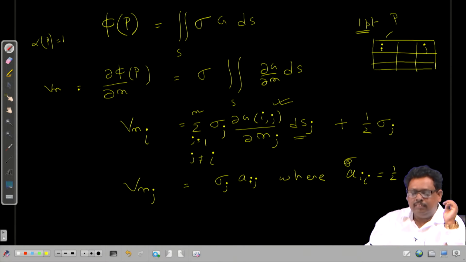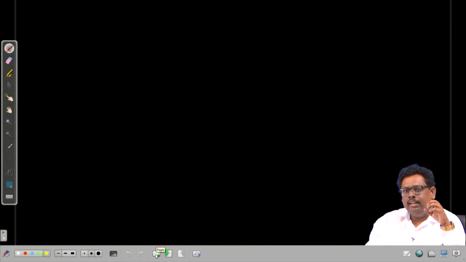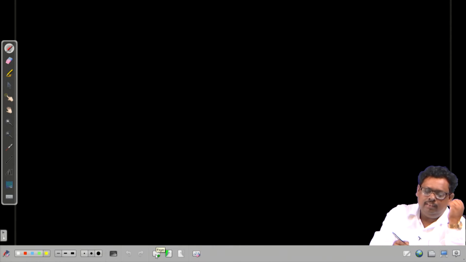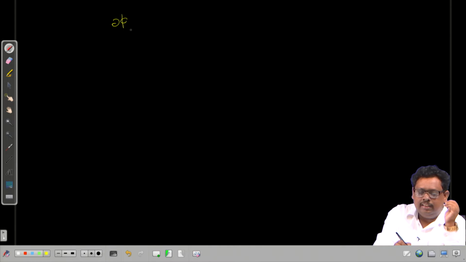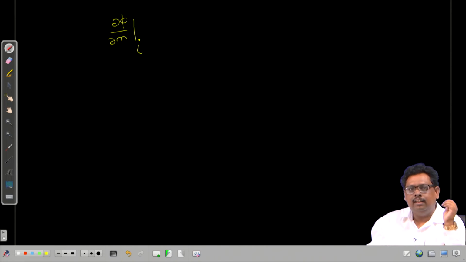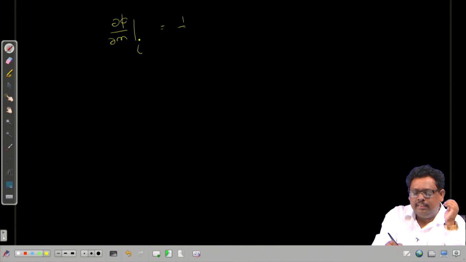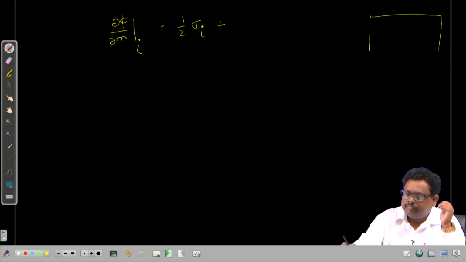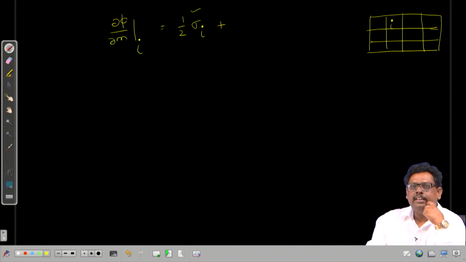But now, this is not the one point Gauss quadrature rule. So, now here we are not doing it this way. If you remember, on the left hand side, let us start from here, it is del phi by del n, for the ith panel, and this should be, as you know, half of sigma i. Let us say this is your ith panel, where I can get this half of sigma i.